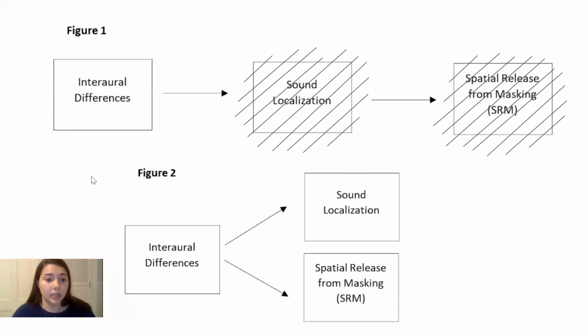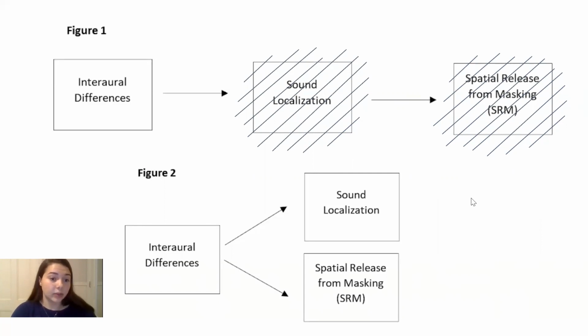This question is important. Not only theoretically, it's important to know how the brain works, but also clinically. So spatial release from masking is an important phenomenon in sound. Listening in the presence of other sound is really important in our daily lives. And what this study is suggesting is that sound localization is a significant part of achieving spatial release from masking.